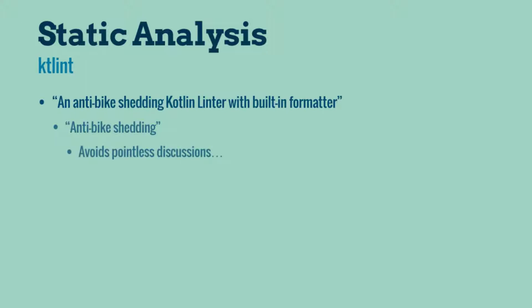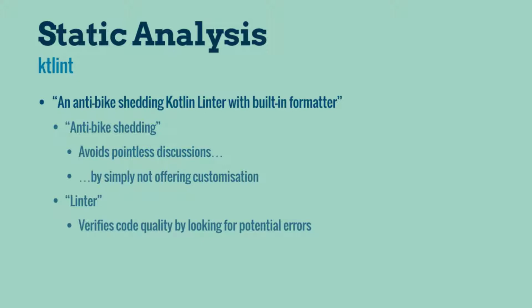So ktlint helps us avoid these discussions by basically not allowing you to customize it in any way. Like you cannot customize it, just run it. It's green or it's red. It's a linter. Now, a linter is a tool that verifies code quality and checks for potential smells or suspicious code.